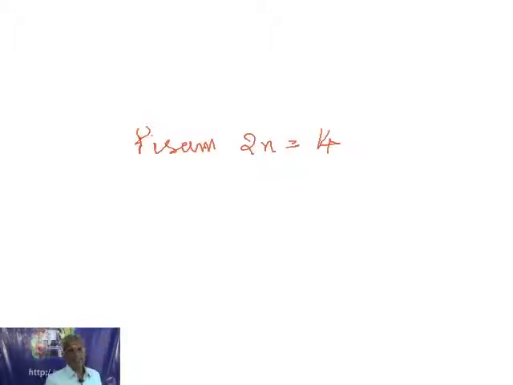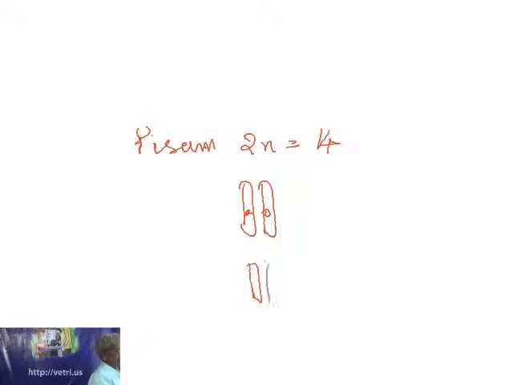Pisum sativum contains 7 pairs of chromosomes. So 2n is equal to 14. And fortunately, Mendel took 7 characters for his analysis. And most of the characters that he took were on different homologs. In one homolog, one character was there, in another homolog, another character was there, and in a third homolog, a third character was there.